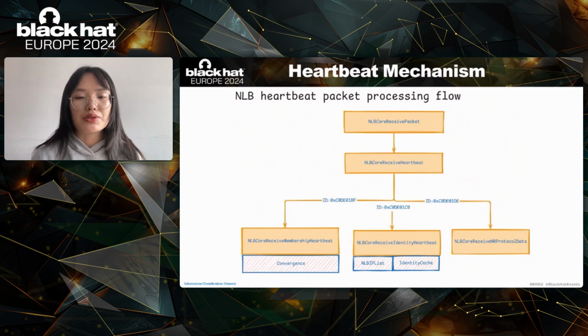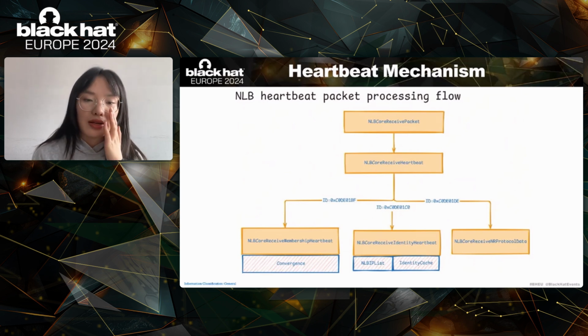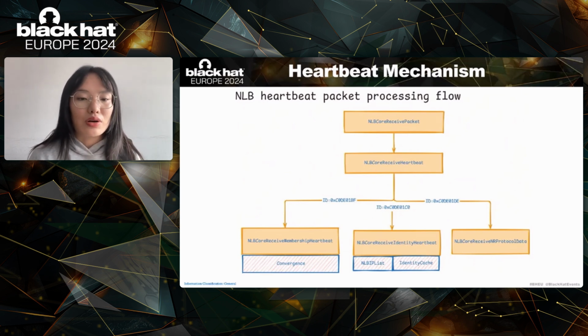If the heartbeat relates to membership, the NLB core receive membership heartbeat checks and updates the status of the hosts, ensuring consistency across the cluster. For identity-related heartbeat packets, NLB core receive identity heartbeat will update the identity cache and the NLB IP list.